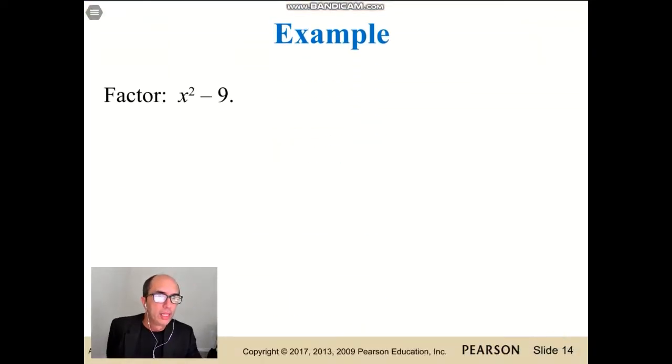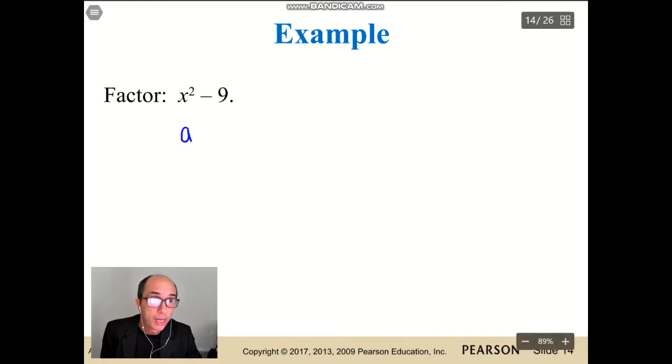Example. Let's work out this example here and let's compare with a squared minus b squared. So we can call x our a, right? x squared. And 9 is going to be 3 squared.